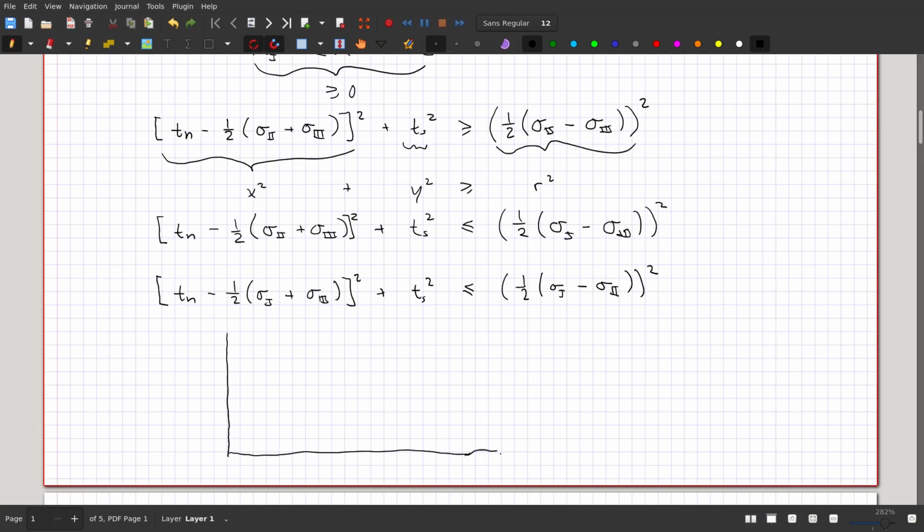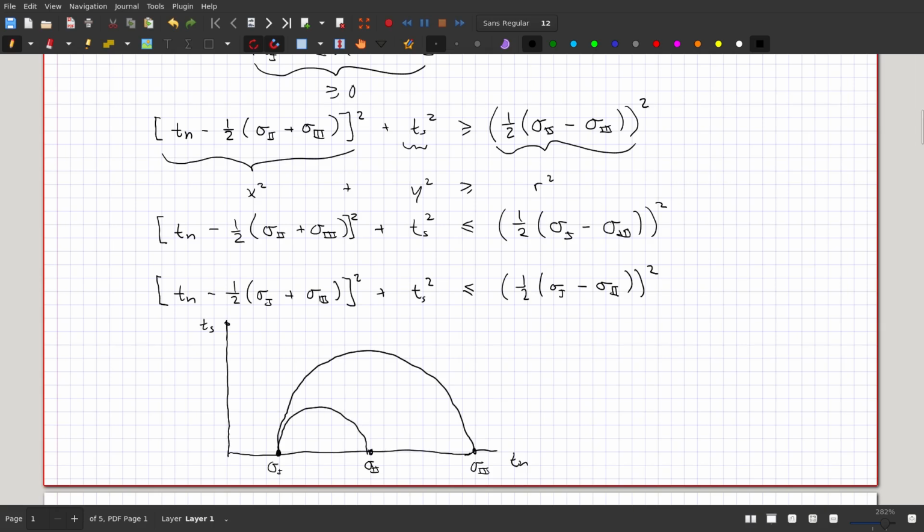What that results in, we can write down in this space of Tn, Ts, with sigma 1, sigma 2, sigma 3, you have these three circles like this.